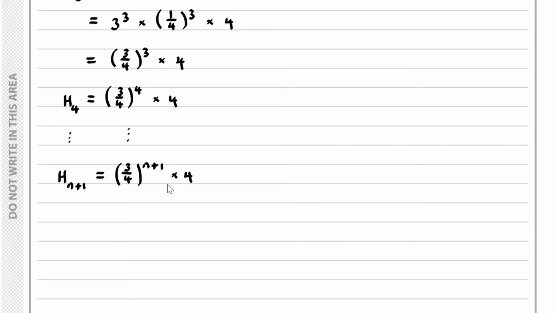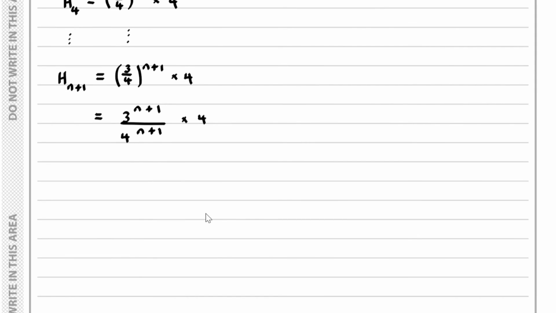And so, let's see if we can rewrite this. Well, this is the same as 3 to the n plus 1 divided by 4 to the n plus 1 times 4. So, rewriting using commutativity laws, we have 3 to the n plus 1 times 4 over 4 to the n plus 1.